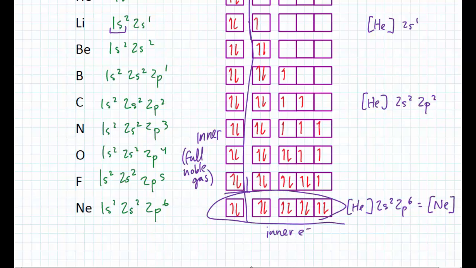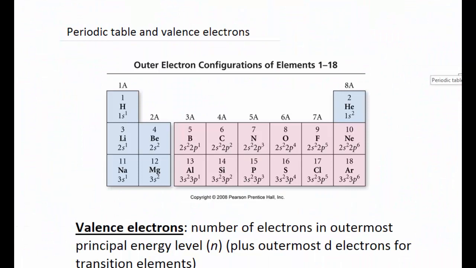Doesn't make too much difference with these smaller atoms, but as you get down to the bottom of the periodic table, rather than having to start at 1s2 and going through the whole thing until you get to your element, all you have to do is look backwards until you get to a noble gas and then start with that and continue after that point. So that's how we make abbreviated electron configurations. Here are the first 3 rows of the periodic table.